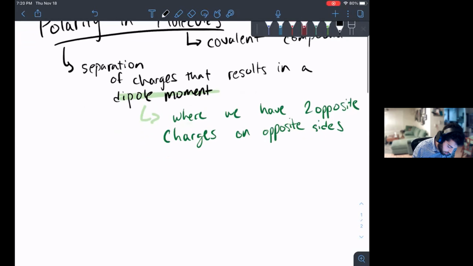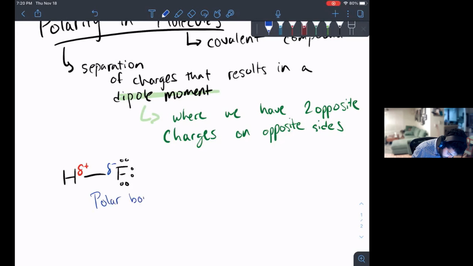So what we're going to do is look at our bonds. We're going to look at HF. That's what we were starting with before. And F is more electronegative. So this bond right here is going to have a partial negative and a partial positive, and we would call this a polar bond.